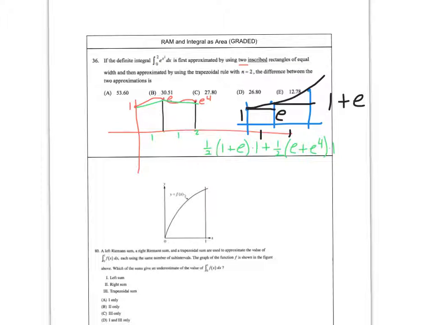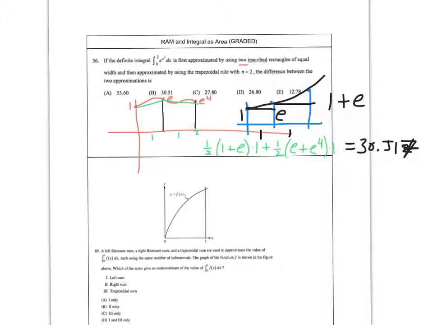And my trapezoids are going to have a much more pleasant thing, and that's going to be whatever this delightful thing is. The trapezoidal sum is going to be 30.517.